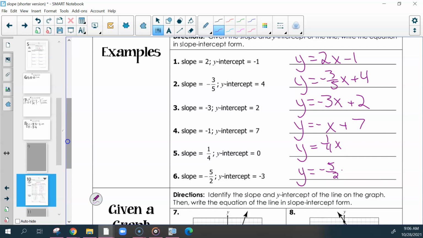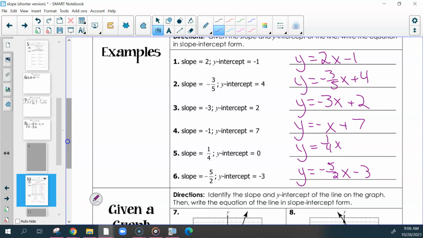And then the last one, y equals -5/2 x minus 3. The bottom part of this really shouldn't be there.